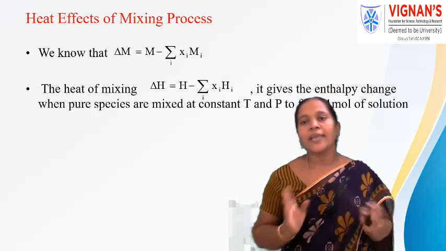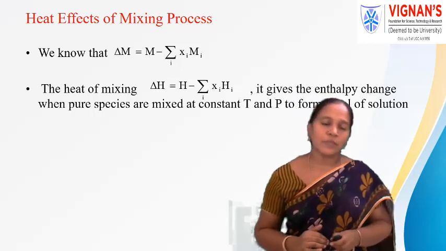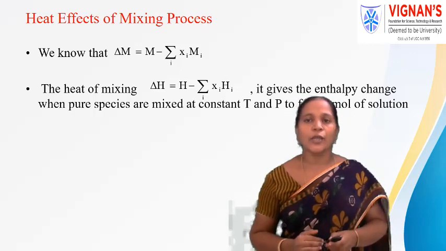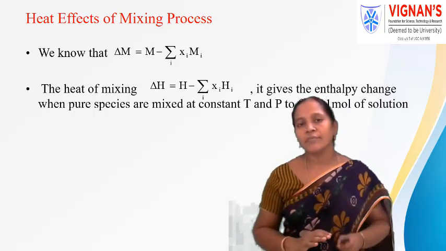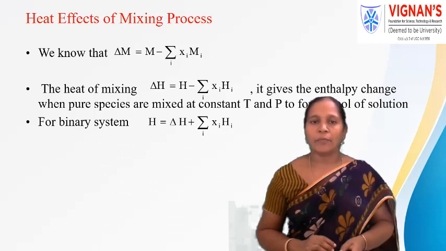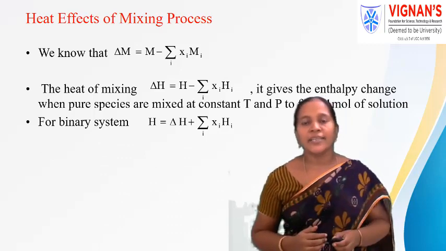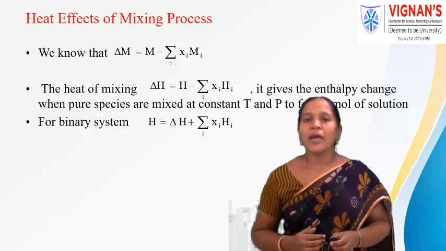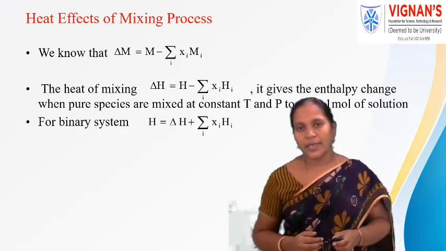It gives the enthalpy change when pure species are mixed at constant temperature and pressure to form 1 mole of solution. For a binary system, delta H is equal to H minus sigma Xi Hi.